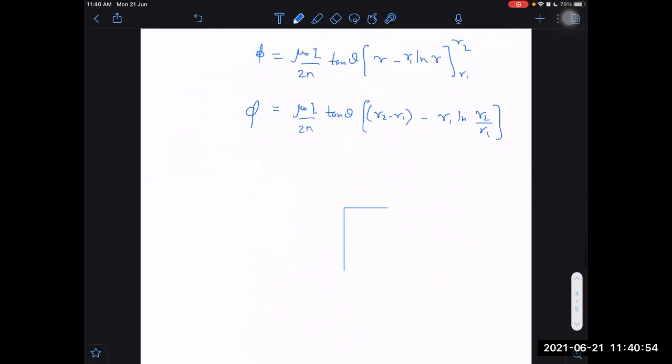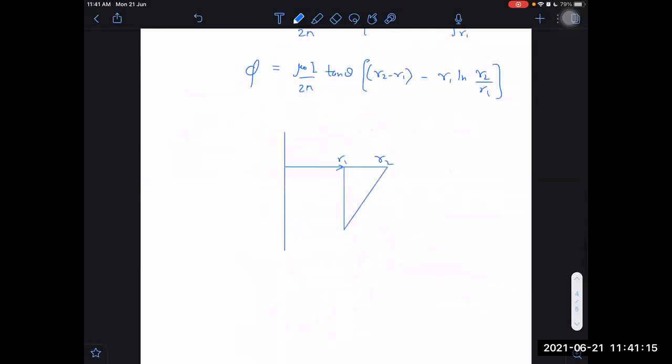Now you tell me what is the value of flux through the upper half. R1 is the closer distance and R2 is the farther. Now you want to find this. How to find it? By subtracting.